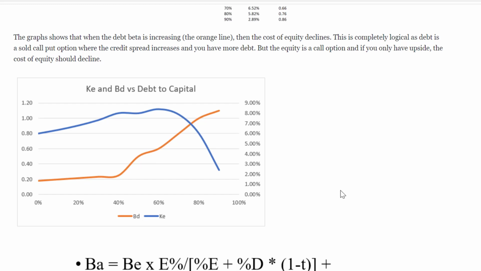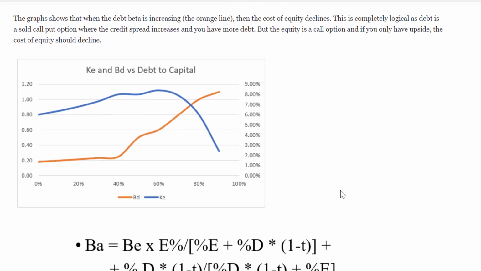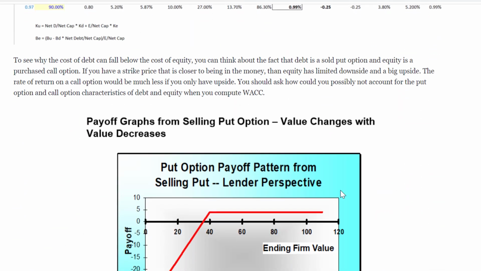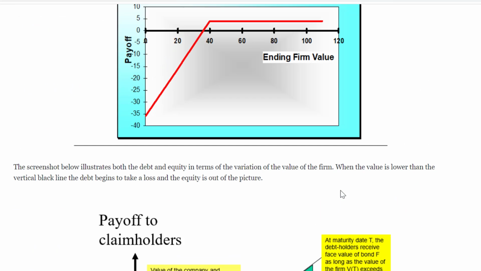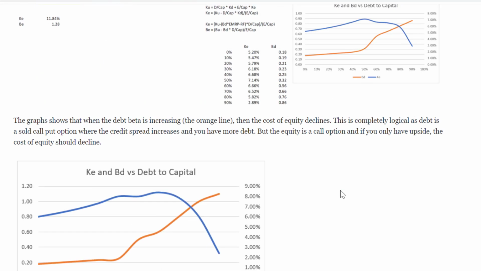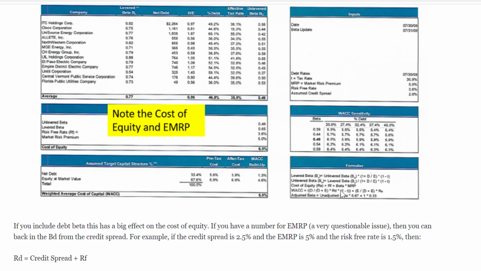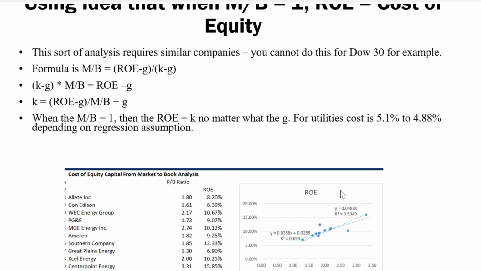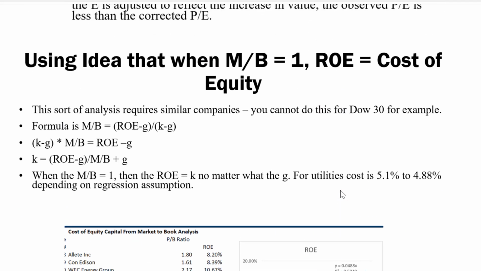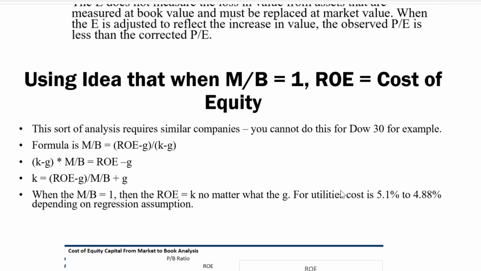It sounds like it doesn't make any sense, but it's totally logical. And that's the first thing. Now, the next thing is, what do we do about just measuring the cost of equity, without all of our capital structure adjustments, which really could exist in the LBOs and so forth.